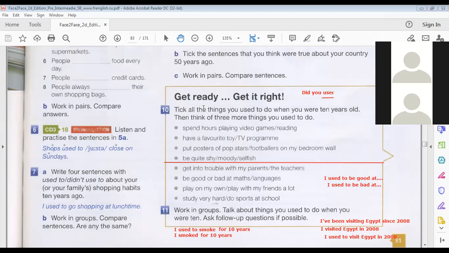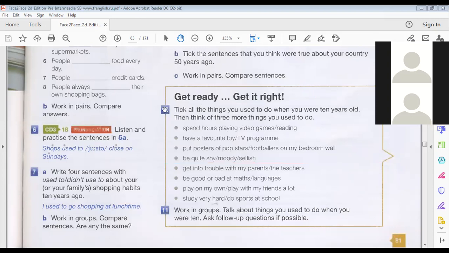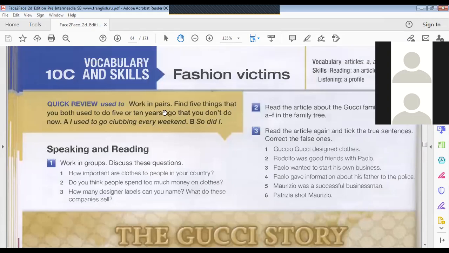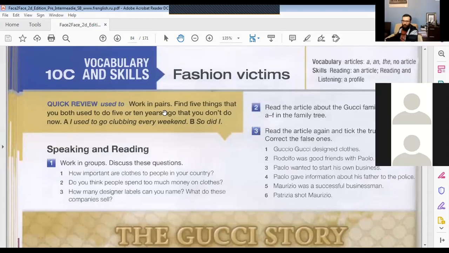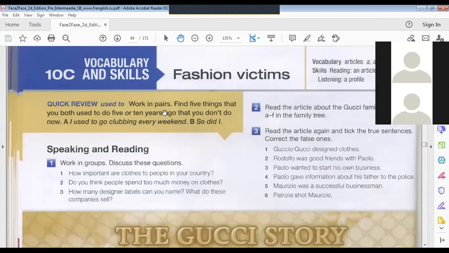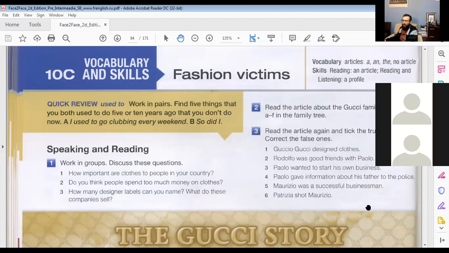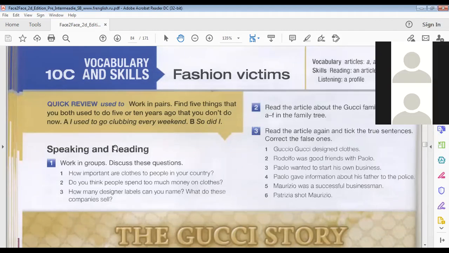So now let's take a look at our next topic. In our next lesson, we're going to talk about a topic which I think all of you will enjoy because it's about fashion. So who likes fashion and, you know, fashion shows, designers, I don't know.